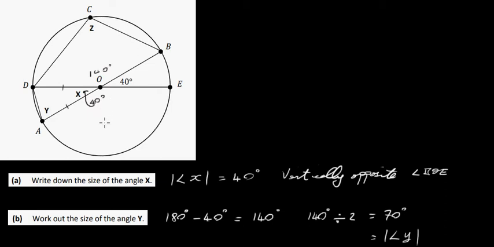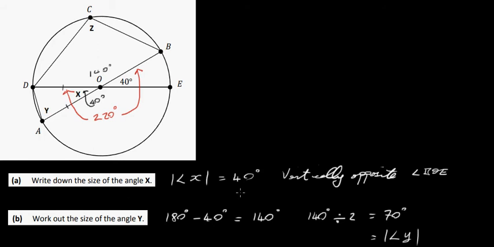If this is 140 degrees here, that means this angle around here would be 360 degrees minus 140. So 360 minus 140 is 220 degrees. So let me just write that in. So 220 degrees would be from here to here. We're looking at this angle here.